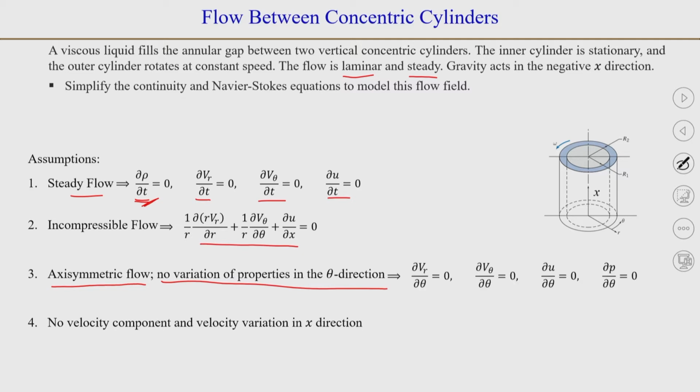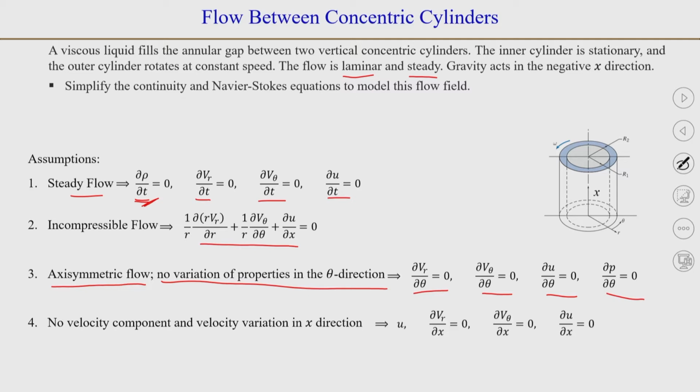The axisymmetric flow will mean here that del by del theta for all the velocity components as well as pressure will be 0, because it is not a pressure driven flow. Though the flow is happening along the theta direction, this is because of the shearing motion.